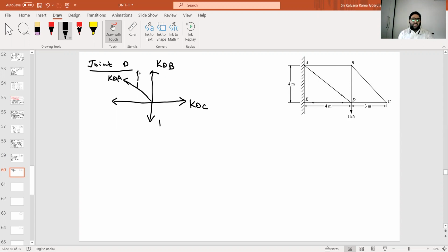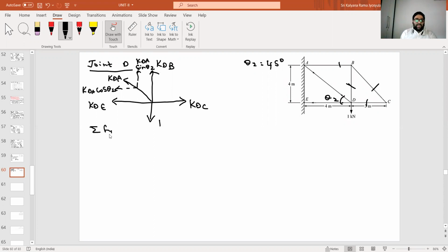We are resolving it now. KDA cos theta 2, this is KDA sin theta 2, and this is KDE. Theta 2 is equal to 45 degrees here. So KDC is 0, KDB is 0.